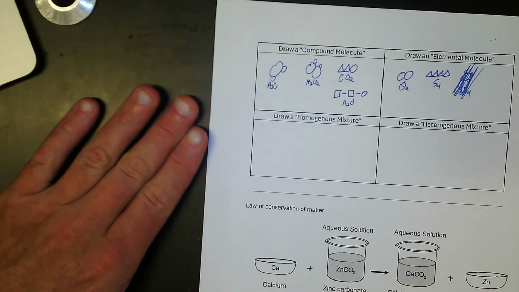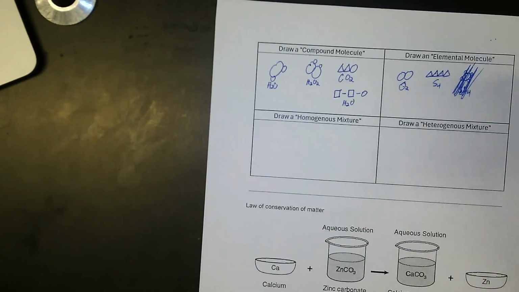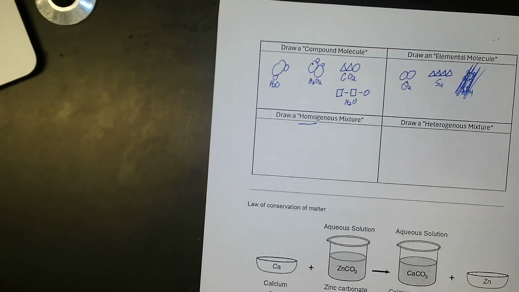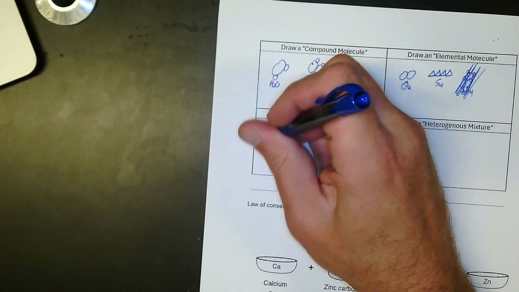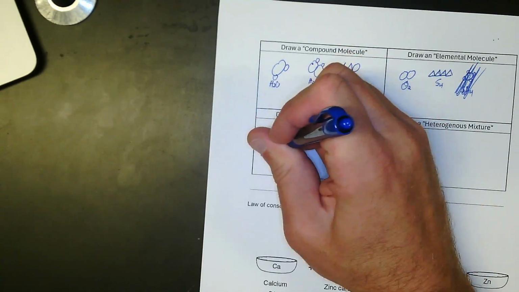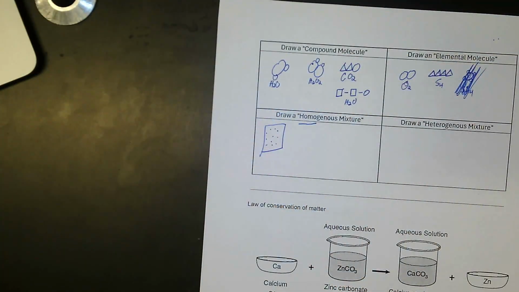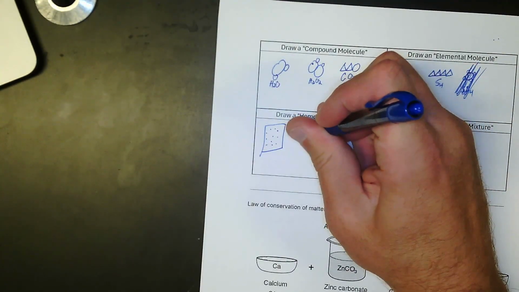So draw a homogeneous mixture, where everything looks the same. How could you draw that? I'll do one in this box, right here. Everything looks the same in that box.